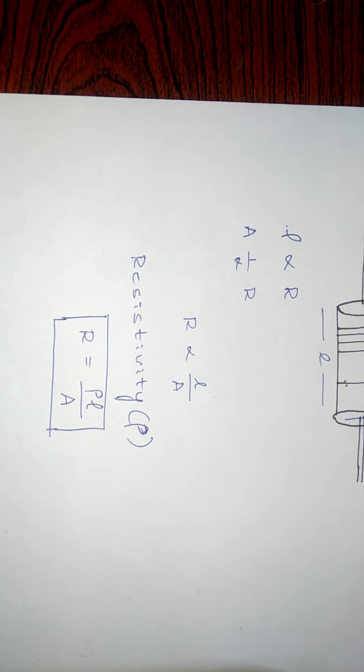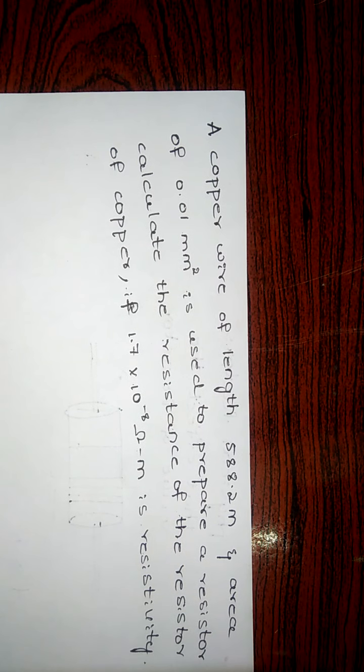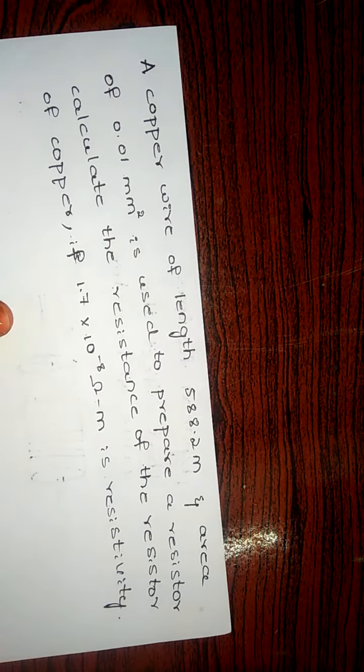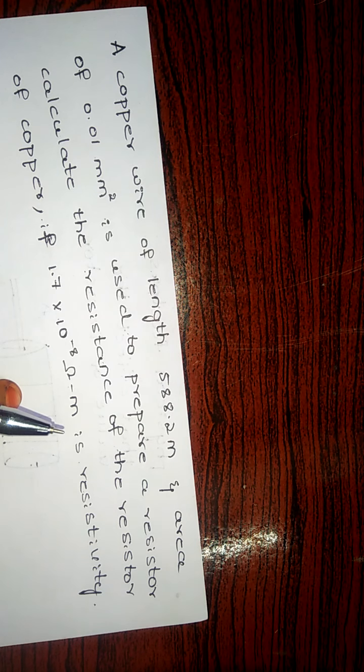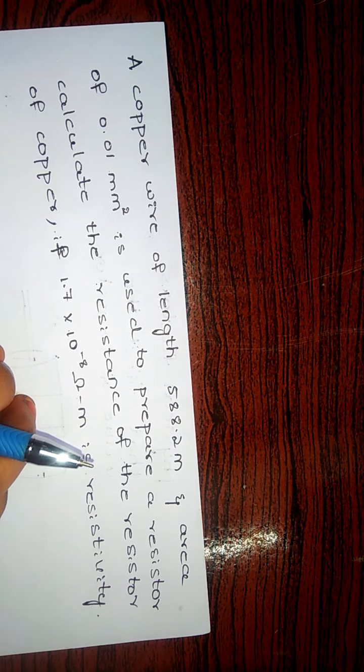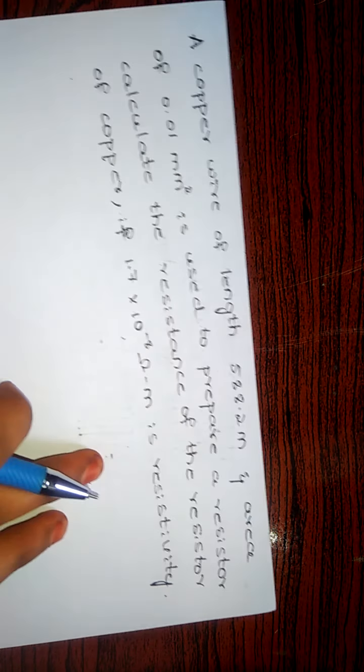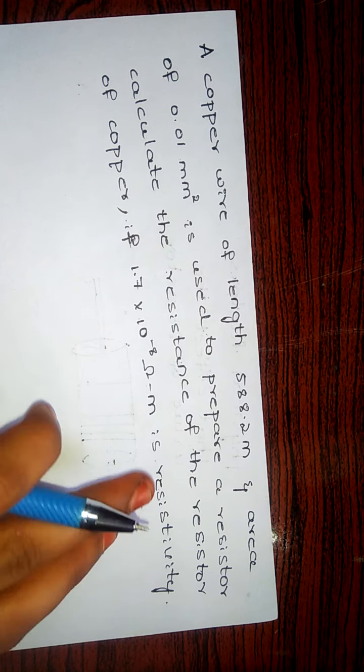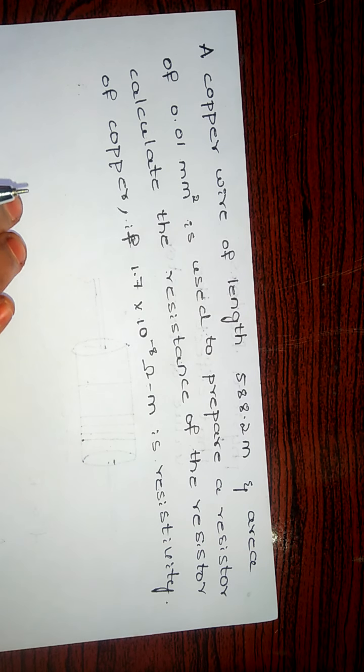Let's do an example to clearly understand this equation. A copper wire of length 588.2 meters and area of 0.01 millimeter square is used to prepare a resistor. Calculate the resistance of the copper resistor.